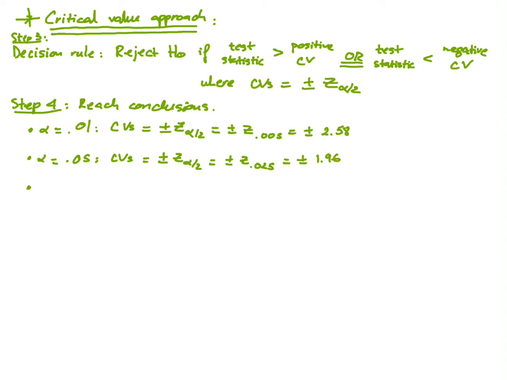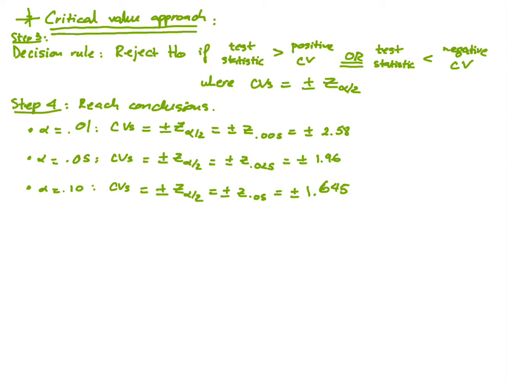And then when alpha is 0.1, the critical values are plus minus z sub alpha over 2, which is plus minus z sub 0.05, which is plus minus 1.645.